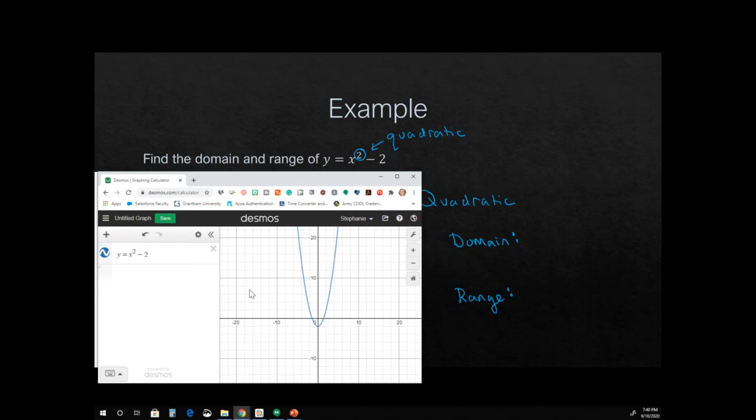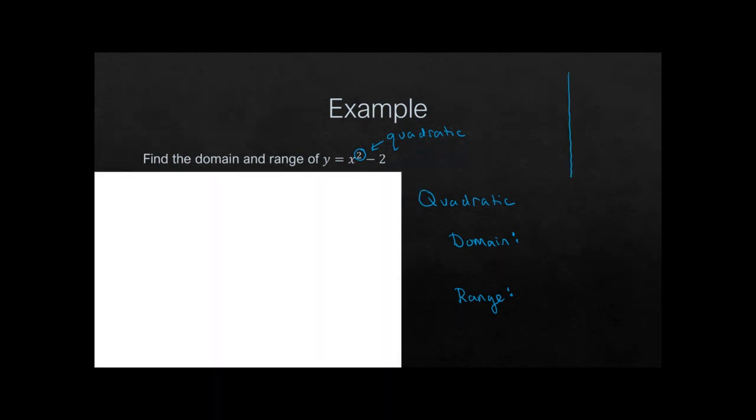The domain is going to go from negative infinity to positive infinity, just like the line. Because you can plug any number you want in for x, you're not going to get any errors. So I've got my sketch here. So it approximately looks something like this, and it's going to go on forever going up.